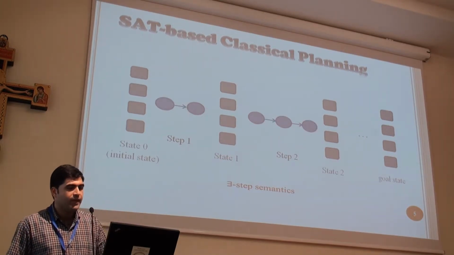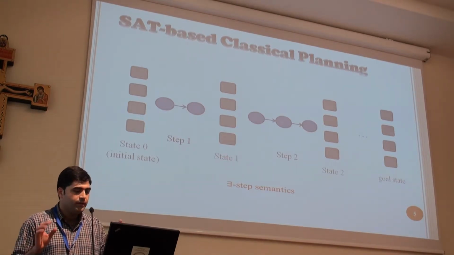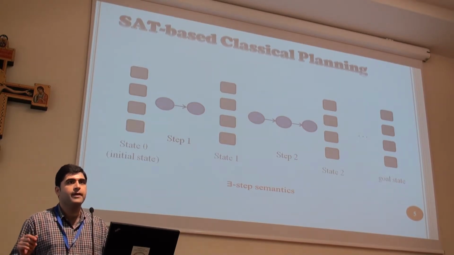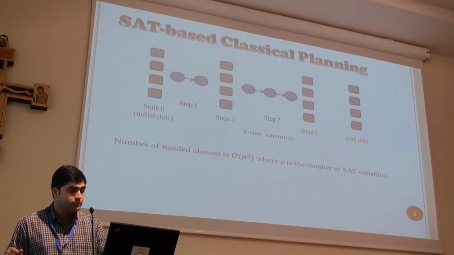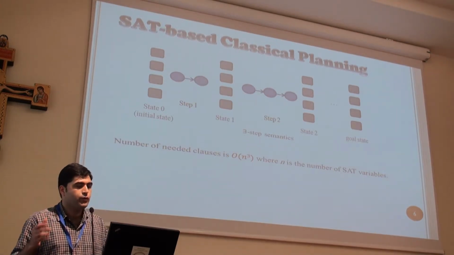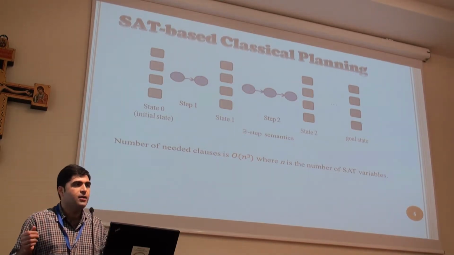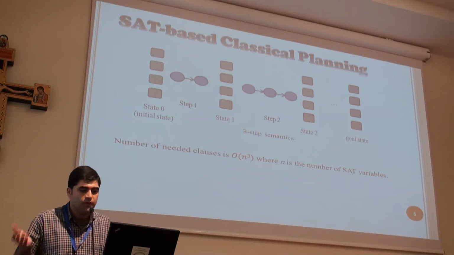And there exists step semantics, where we should have at least one sequence by which the actions are executable. Well, if we actually want to encode exists semantics, we need a cubic number of clauses, which is not practical.